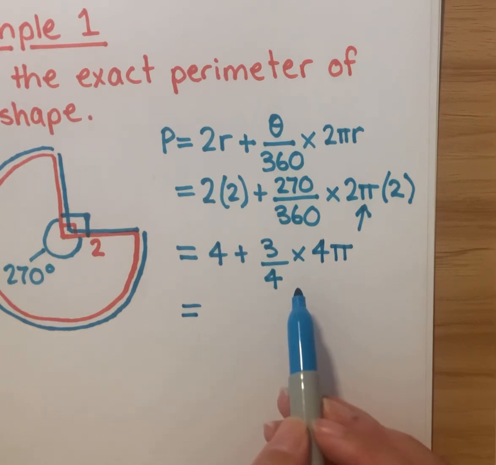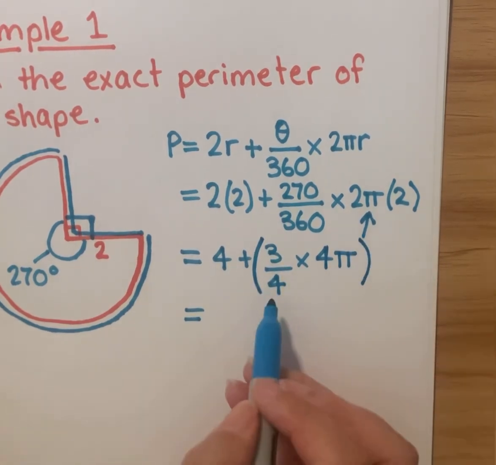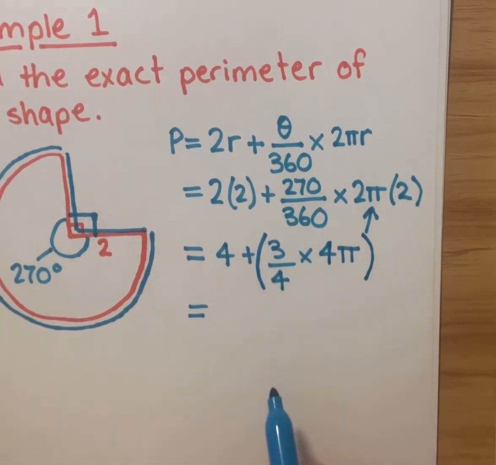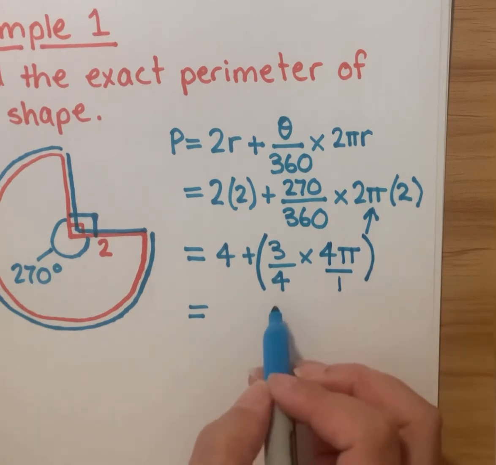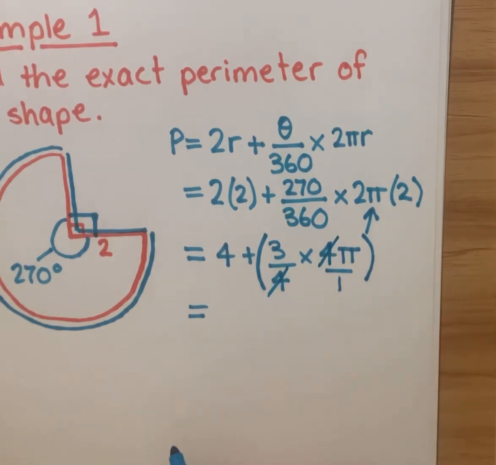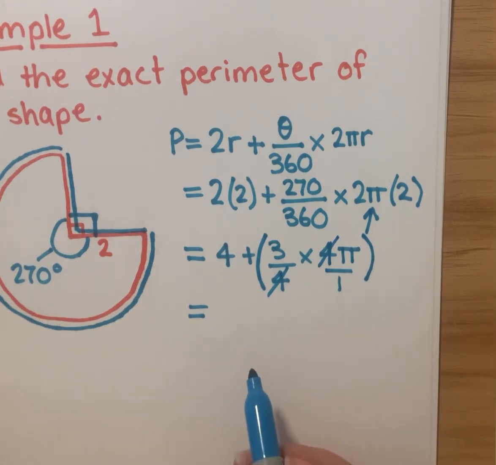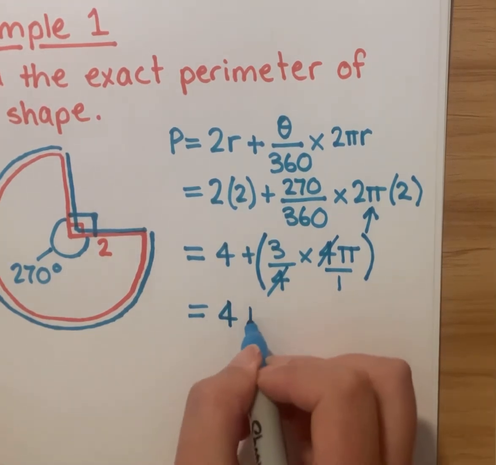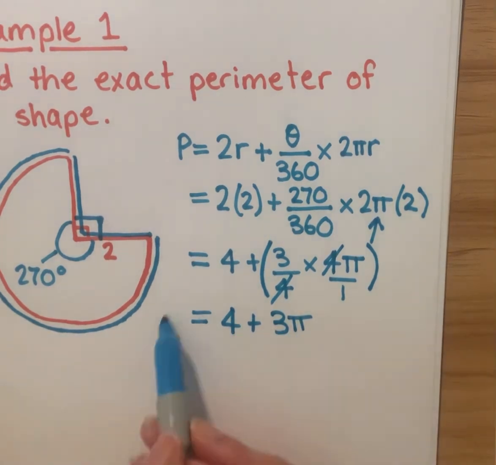We can say now, let's look at order of operations. How can we simplify this? 3/4 of 4 pi. Well, if these are just fractions, it's kind of like we're just saying 4 divided by 4. We can cancel those out, and we're just left with 3 times pi. So it's just going to be 4 plus 3 times pi. And that's an exact solution for the perimeter.